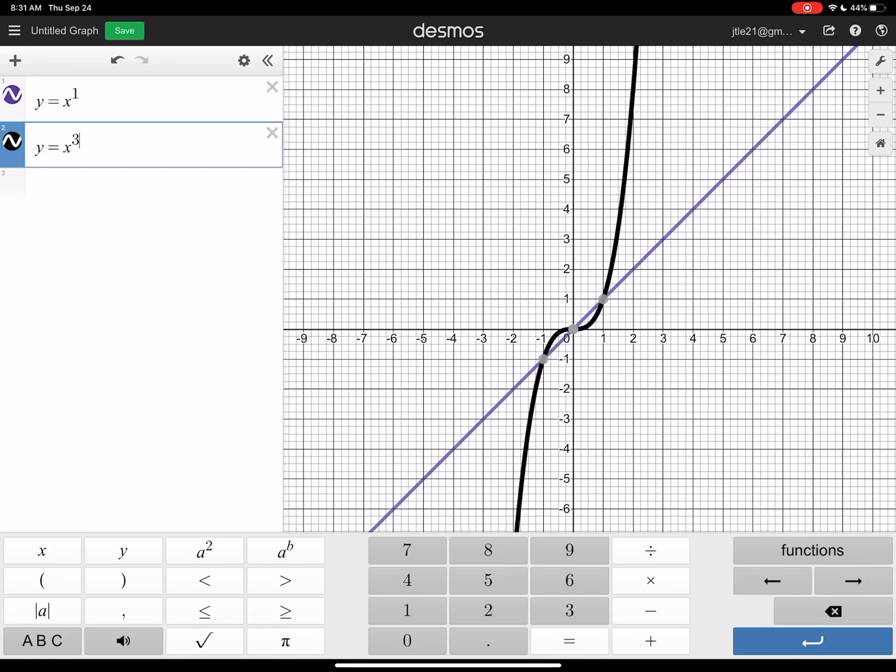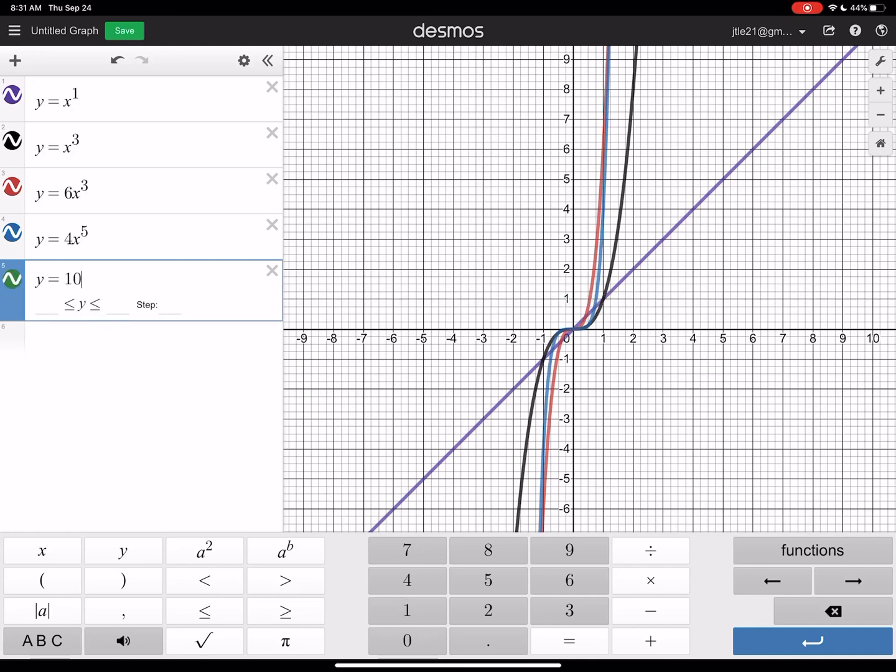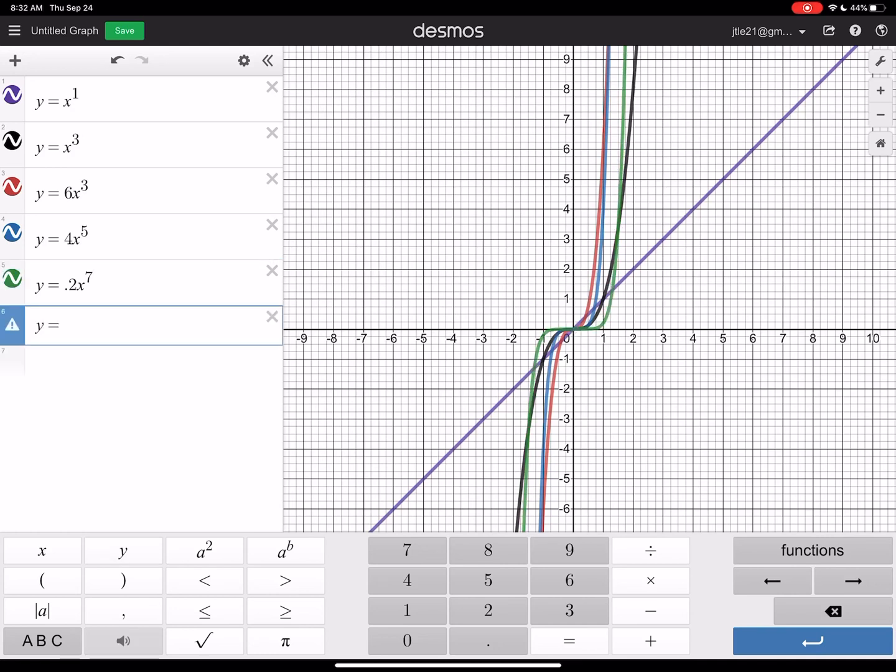Now, what you're looking for here is you're studying the end behavior. y equals 6x to the third. y equals 4x to the fifth power. y equals 0.2x to the seventh power. y equals 0.01x to the 13th power.